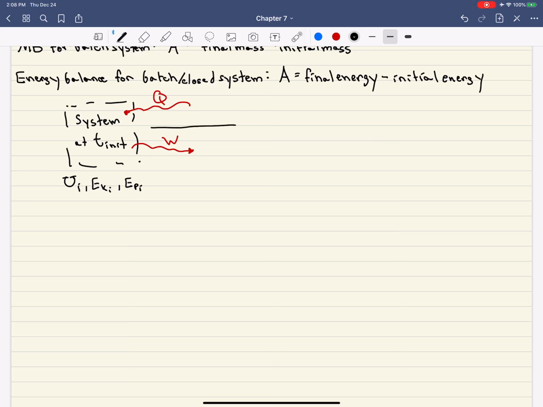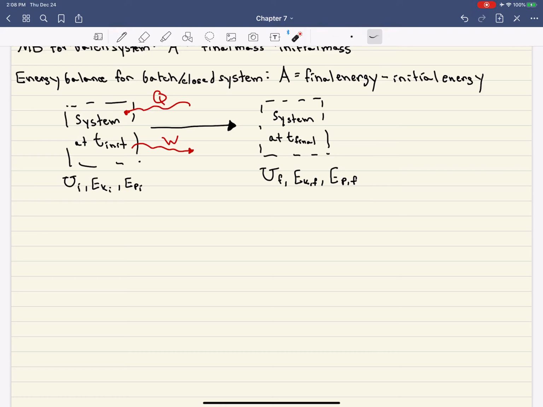And so due to this energy transfer from the system to its surroundings and vice versa, what happens is that at some later time, so system at T final, the internal energy in our system, the kinetic energy in our system and the potential energy in our system now have different values. Okay? And so that's due to the energy transfer of the heat and the work.